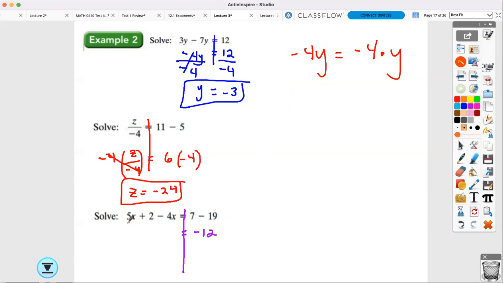Now on the left side, you see that we can combine the 5x minus 4x. 5x take away 4x is just x or 1x. And we have the plus 2 still. To get x alone, I gotta subtract 2 on both sides. So then I get x equals negative 14. And we're done.